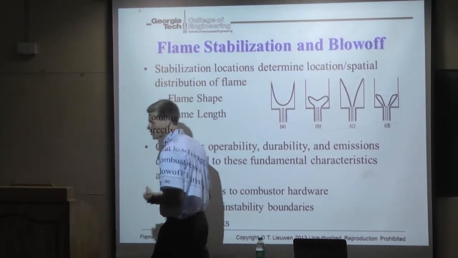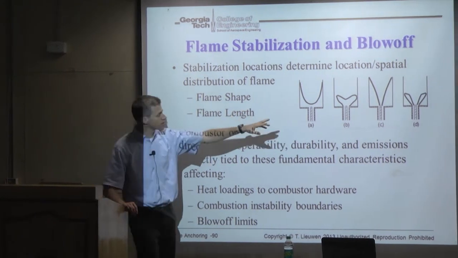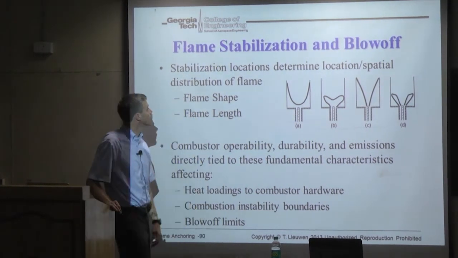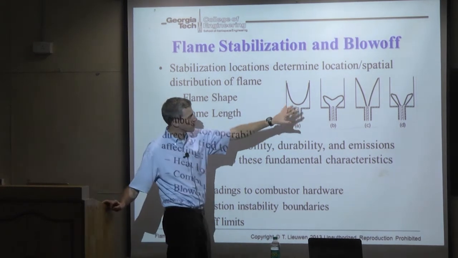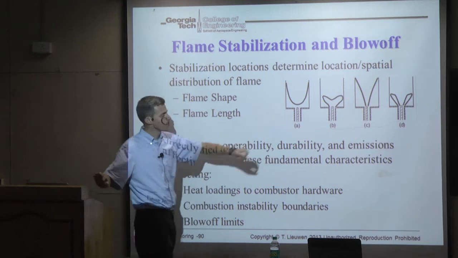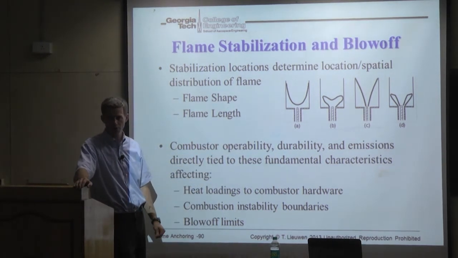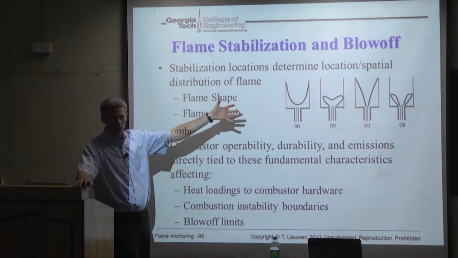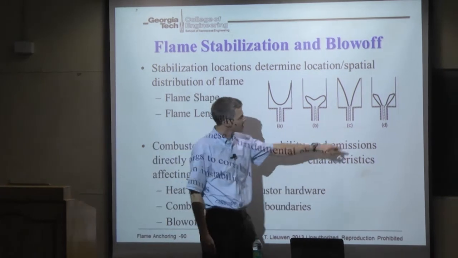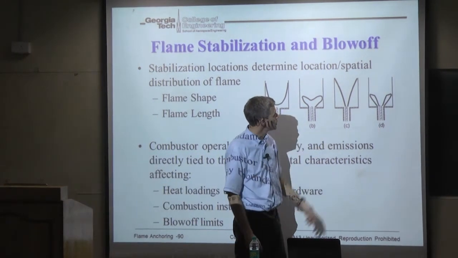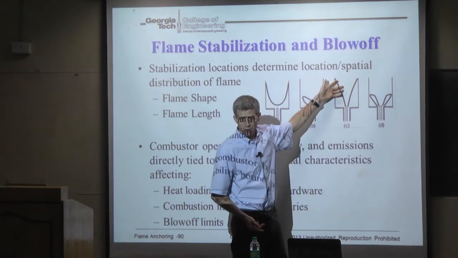What I've done is I've just sketched out some of these different flame shapes that you can get. And what you can see is these flames clearly have completely different topological features. So if you were to do OH or CH PLIF imaging, you would see completely different types of flame shapes. The other thing that happens is, you can imagine as the flame is jumping from configuration D to C, the flame length is basically going to double.